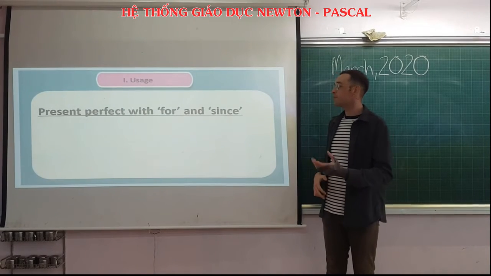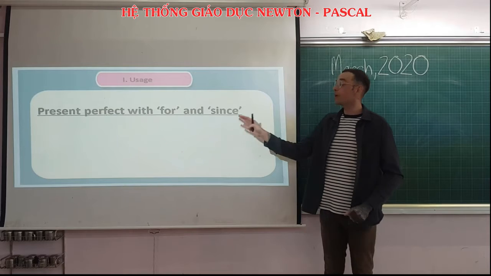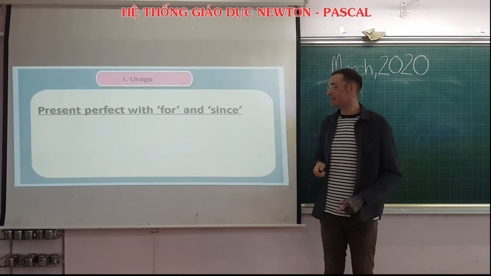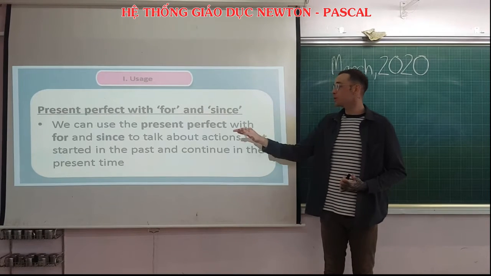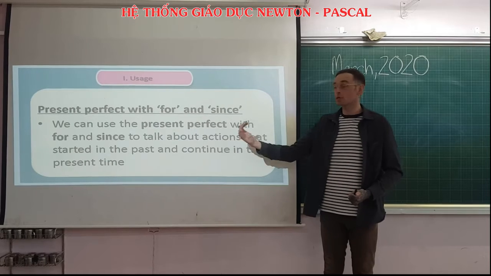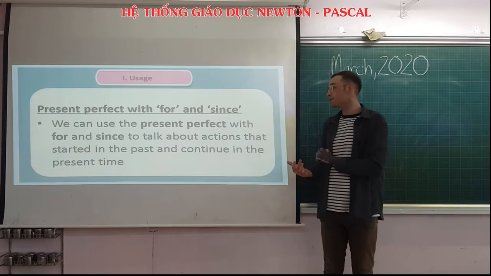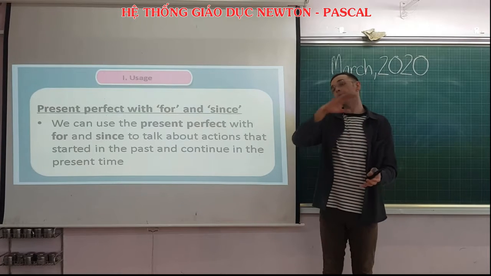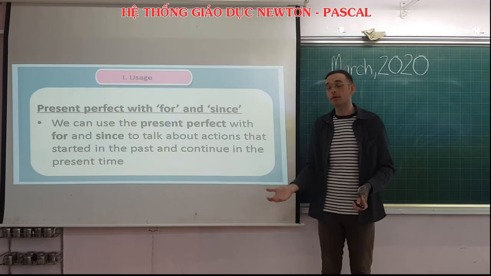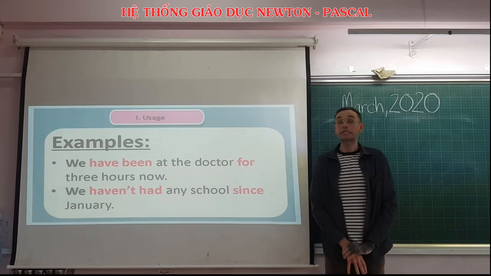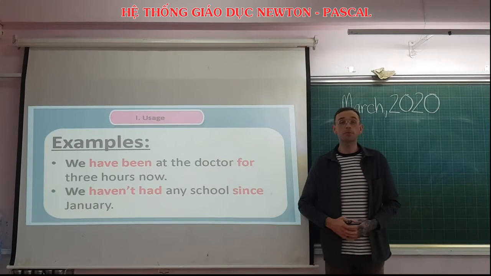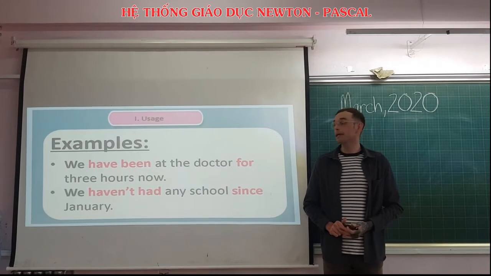So, present perfect with for and since. Okay? So we can use the present perfect with the words for and since to talk about actions that have started in the past and continue into the present time. Okay, let's take a look again at the examples we saw at the beginning of the lesson.